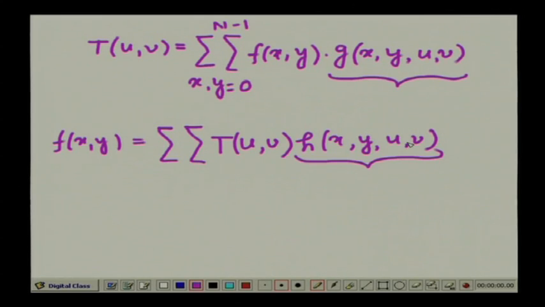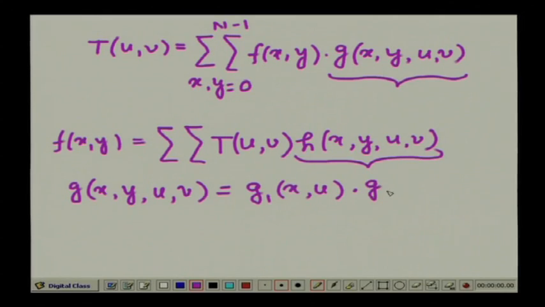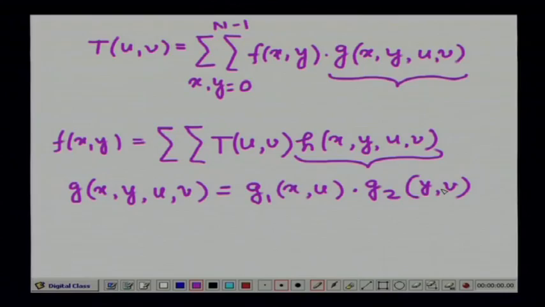Now, this class of transformation will be separable if we can write g(x,y,u,v) in the form g1(x,u) into g2(y,v). If g(x,y,u,v) can be written in the form g1(x,u) into g2(y,v), then this transformation will be a separable transformation.